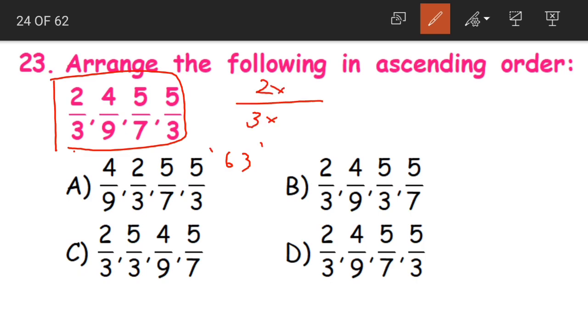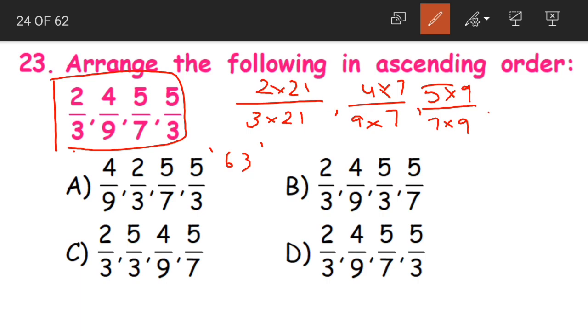Coming to the first one, 2 by 3, we have 3 21s, so multiplying with 21. Next we have 4 by 9, we have 9 7s, so multiplying with 7. Then we have 7 9s, so multiplying with 9. And again for the last one, 5 by 3, 3 21s, so multiplying with 21.